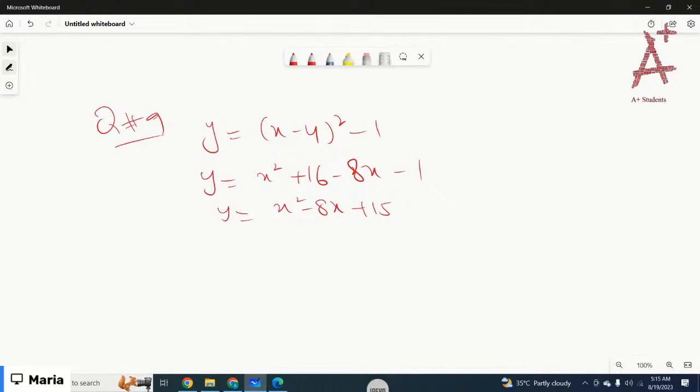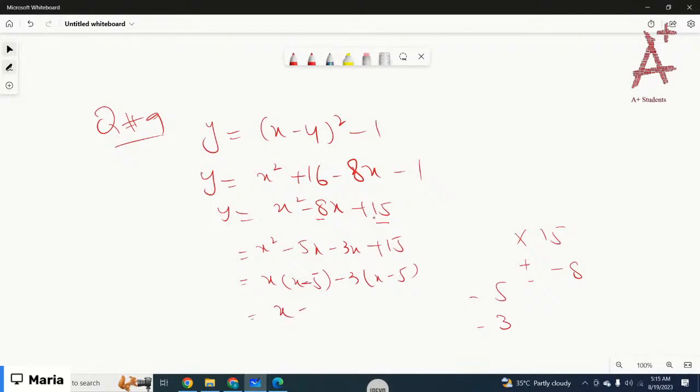Okay, let's just make the factors. Negative 8 and 15. Find two numbers that when multiplied make 15 and when added make negative 8, right? So 5 times 3 is 15. Negative 5 and negative 3. It would be x square minus 5x minus 3x plus 15. So you have x common, x minus 5. You have negative 3 common, x minus 5, right?